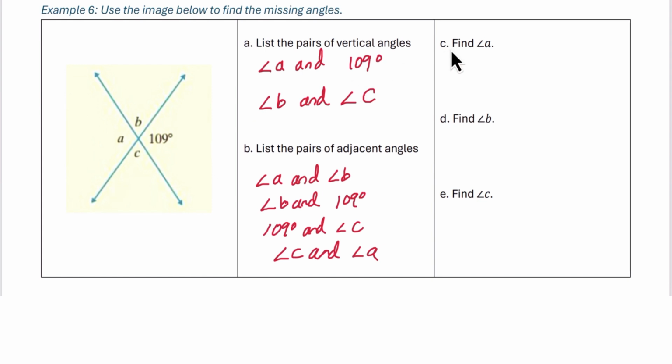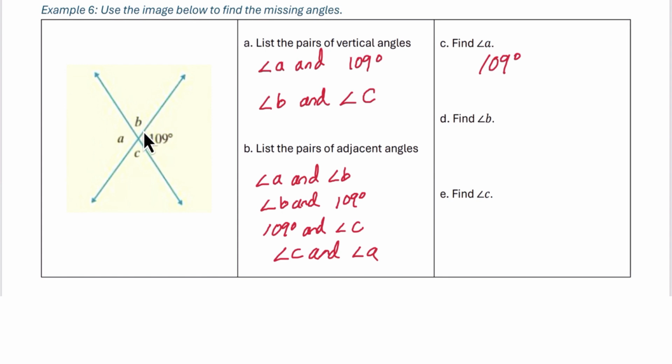In part C, we want to find the measure of angle A. Notice that A is opposite the 109-degree angle, and opposite angles have the same measure. So angle A is 109 degrees. Angle B we don't know, but we know it's adjacent to the 109-degree angle.